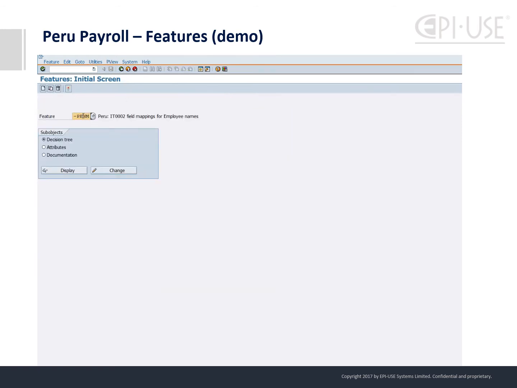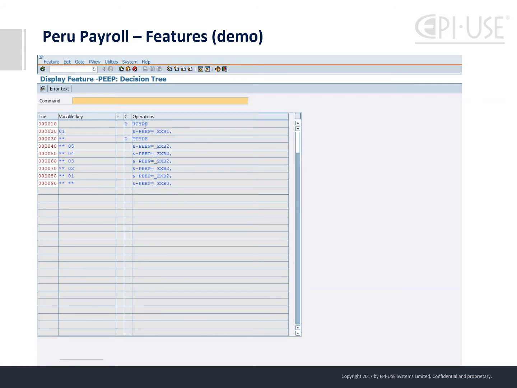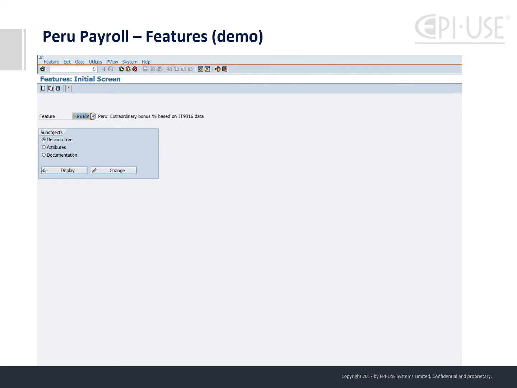Some of the features can be a bit more complex than others. In this case, there's a feature for extraordinary bonuses percentage that's based on info type 9316 data. In here, you can have a number of decisions based on different things. You can apply different bonus percentages. A feature can also be very simple.